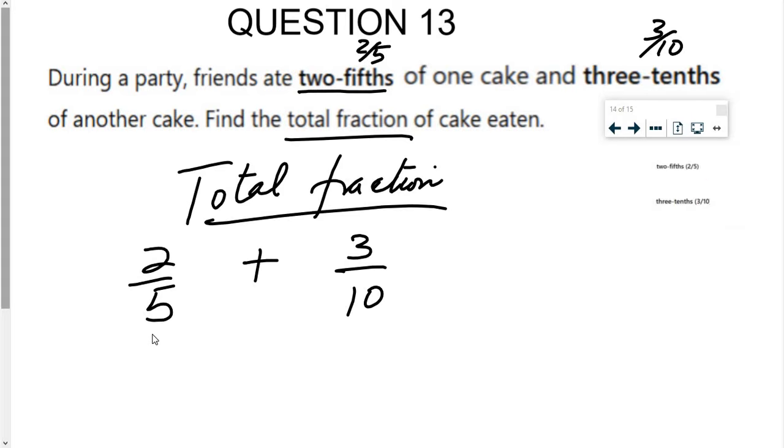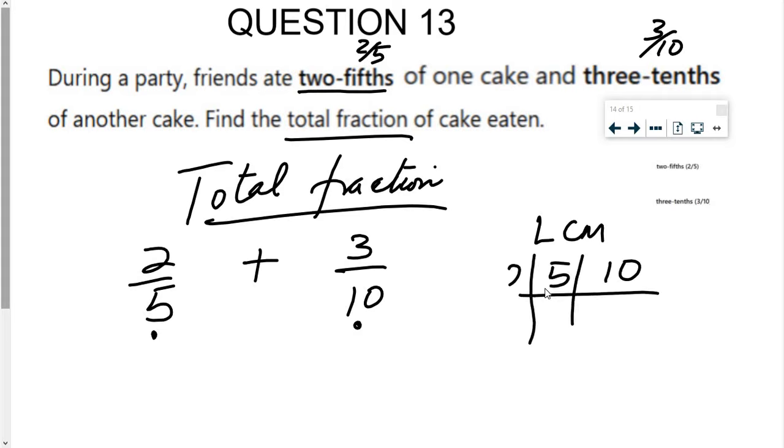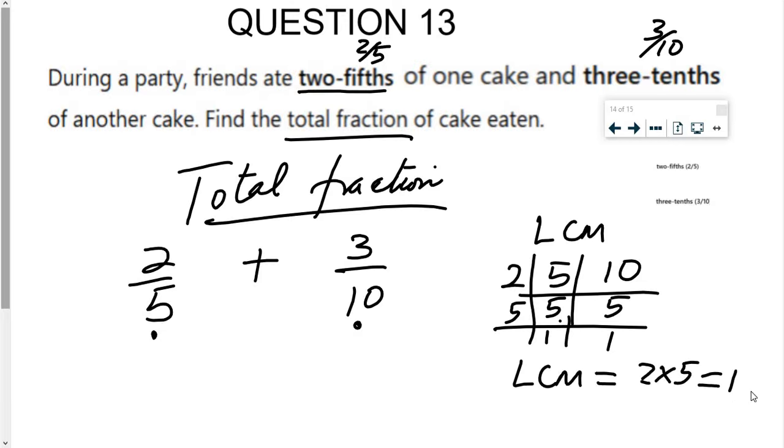Same concept. Make denominators the same. How do we do that? LCM of 5 and 10. This will be 2, 5, 5, and this will be 5, 1, 1. LCM will equal 2 into 5. That gives you 10.